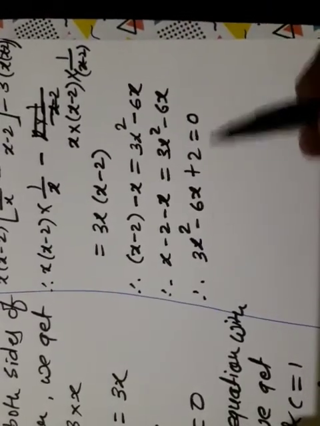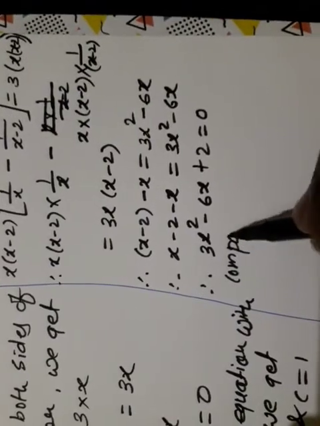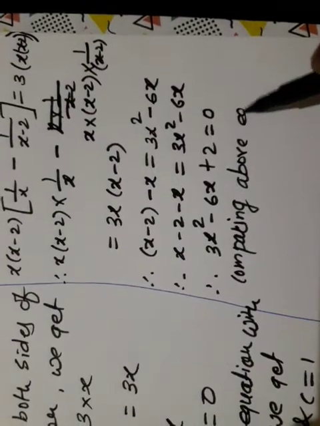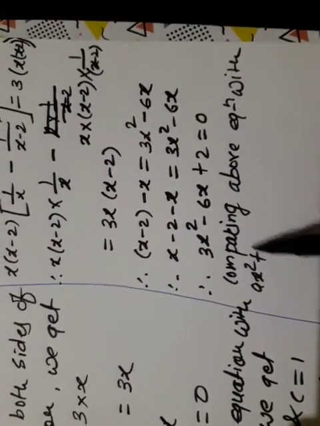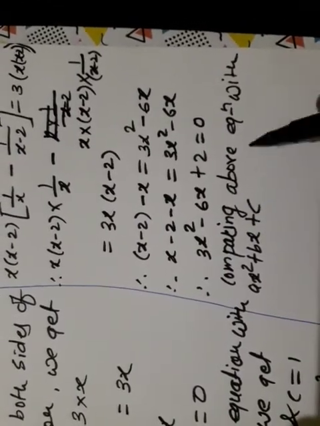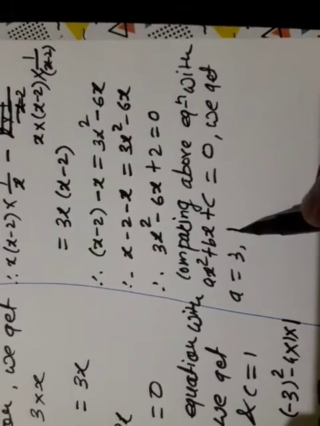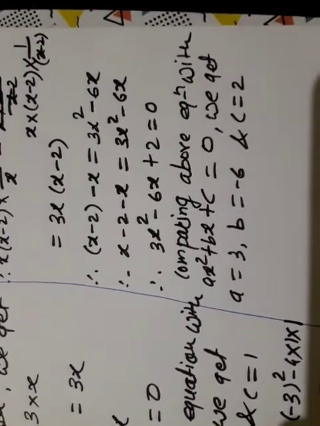Now as usual, you know that very well. Directly also you can write here, otherwise we write like that: comparing the above equation with ax square plus bx plus c is equal to 0, we get a is equal to 3, b is equal to minus 6 and c is equal to plus 2.